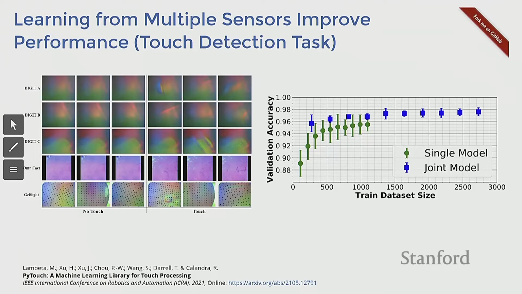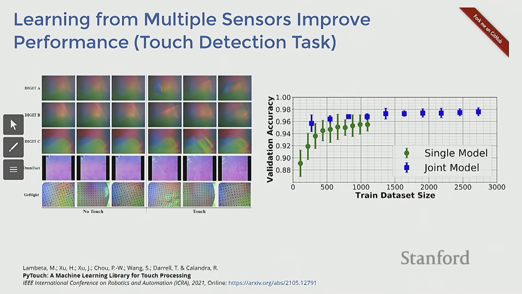The idea is that if we use 3 different tactile sensors, like DIGIT, OmniTac, and GelSight, and learn a pre-trained model, then using this pre-trained model for a task like touch detection will yield better performance compared to only using data from the particular sensor that we are using at deployment time.